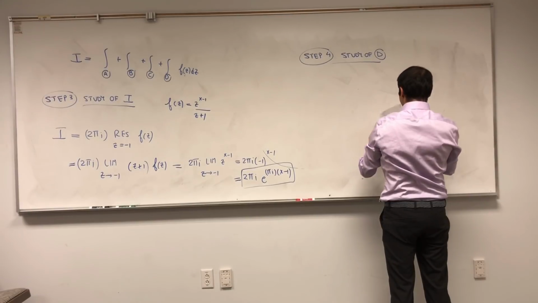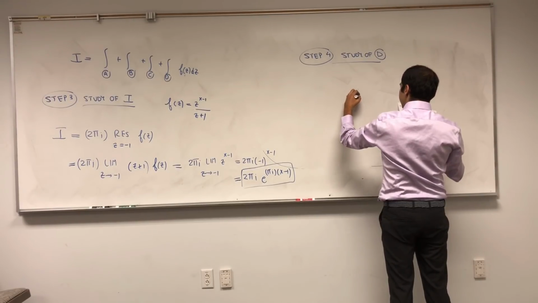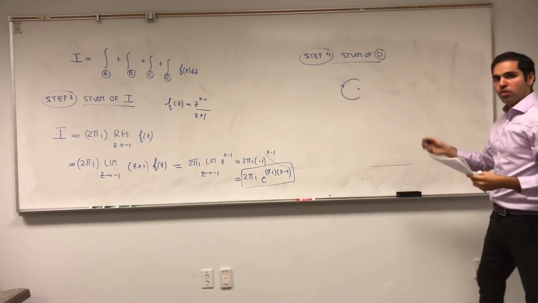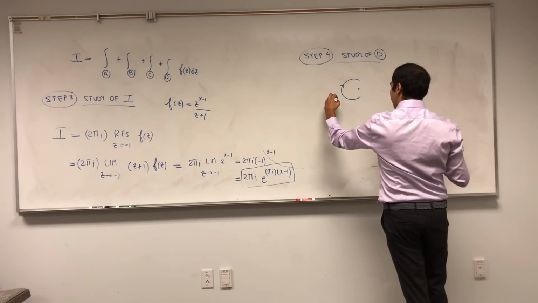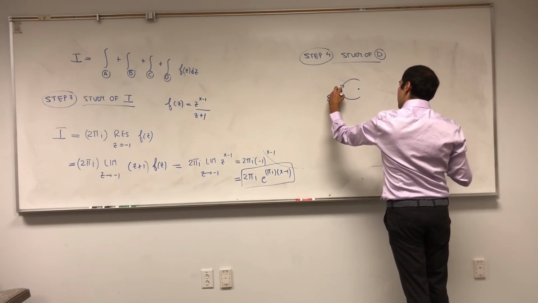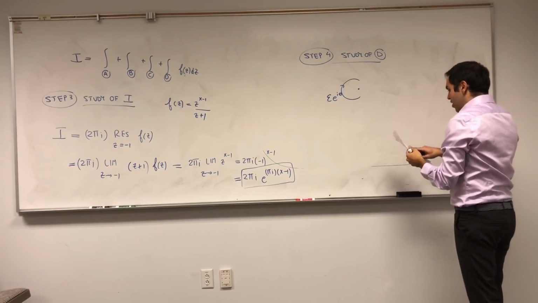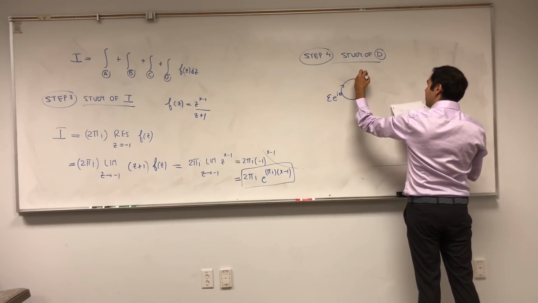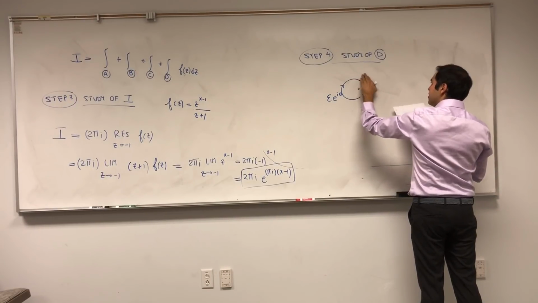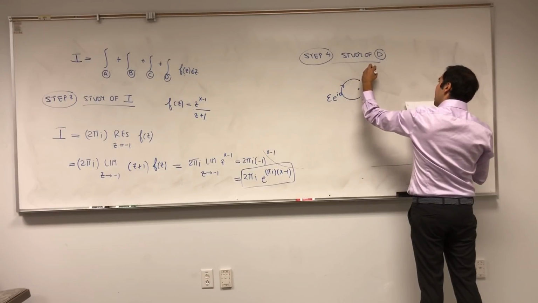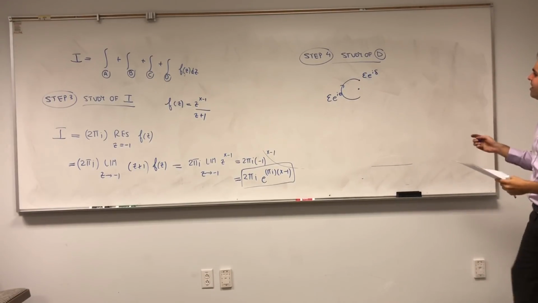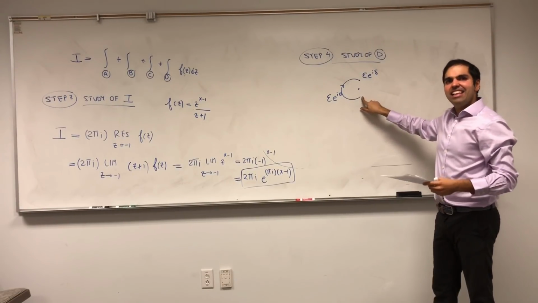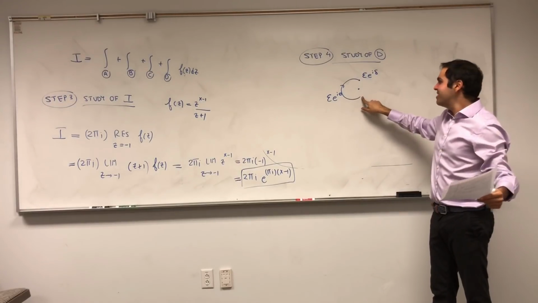You start here and you integrate here. This contour depends on a small parameter epsilon, and it's the contour epsilon e to the i theta, where theta ranges from an angle delta. Sorry, delta, sorry about that. So the endpoint is delta, and the beginning angle is minus delta.